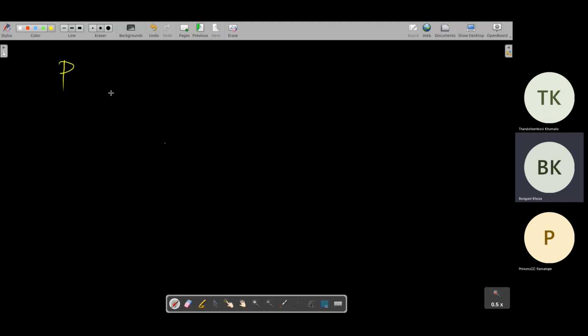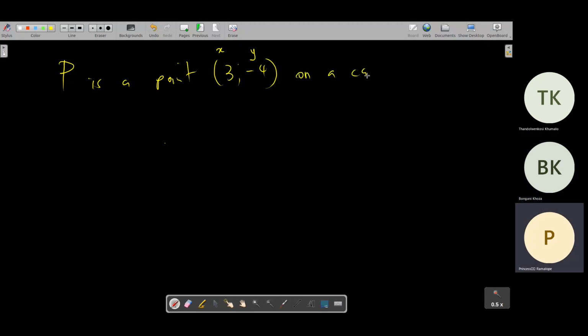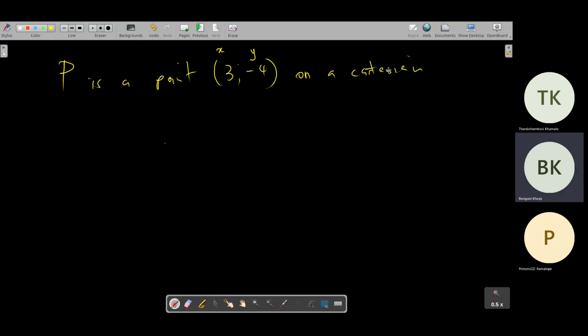P is a point (3, -4). Where we did our points the last time, right? Remember we said this one is X, this one is Y. So it's a point on a Cartesian plane.